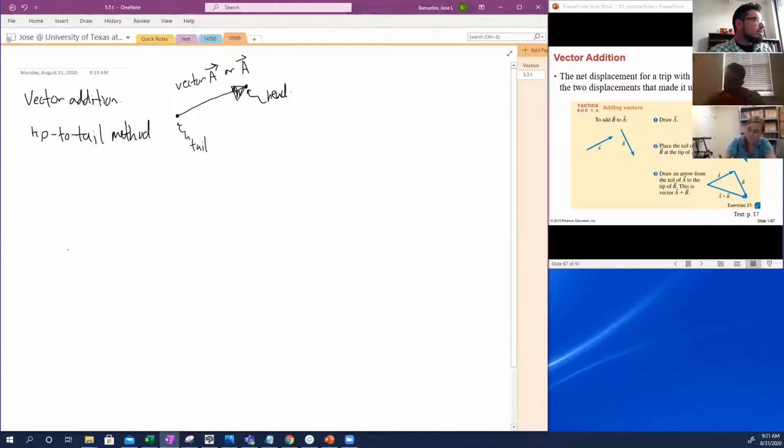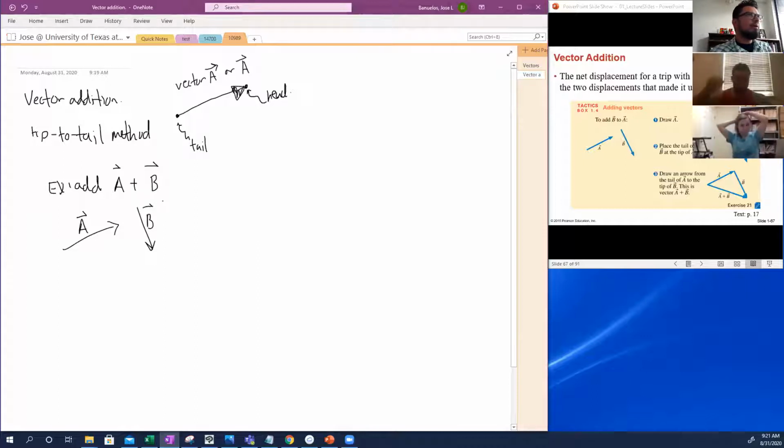So if we do this example here, to add vector A plus vector B, first of all, I need to tell you what those look like. In this example, vector A looks like that, and then vector B is pointing downward. I'm just following what's in the slide here to the right.